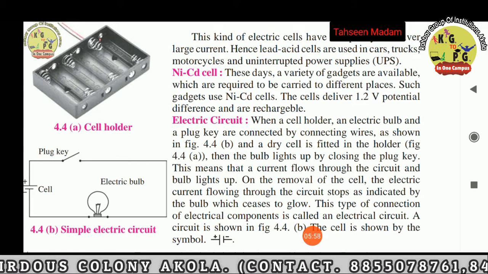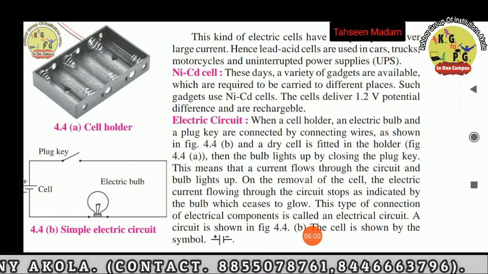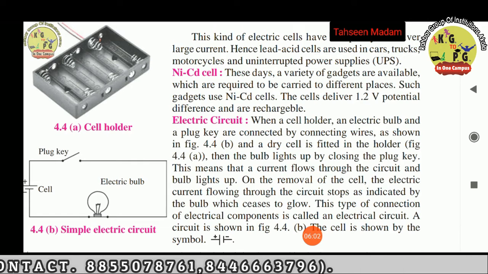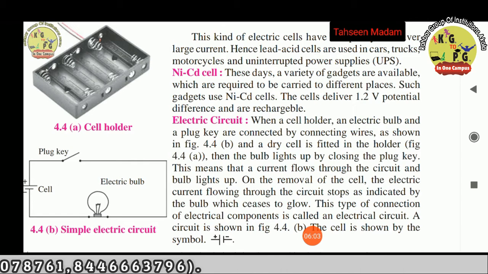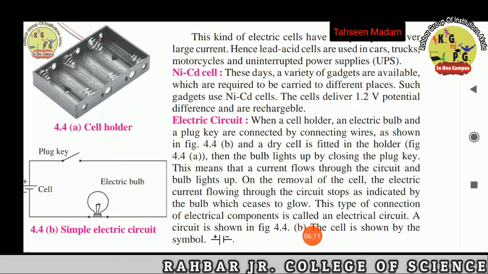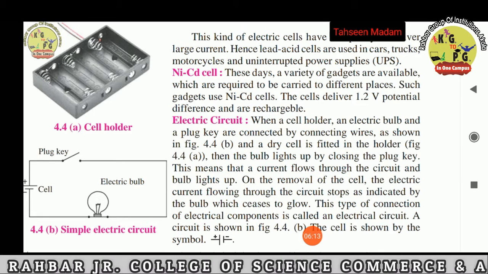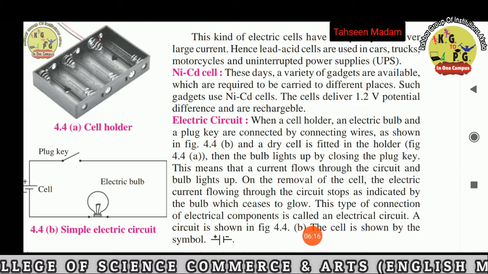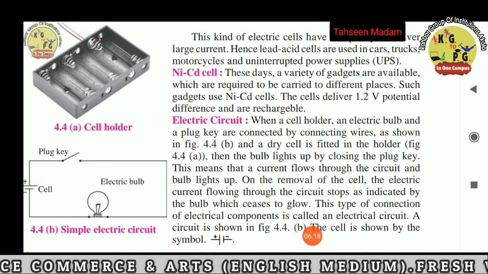This means that a current flows through a circuit and the bulb lights up. On the removal of the cell, the electric current flowing through the circuit stops and is indicated by the bulb which ceases to glow. This type of connection of electrical components is called an electric circuit. A circuit is shown in figure 4.4b.